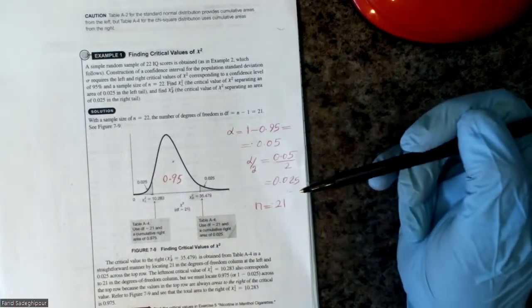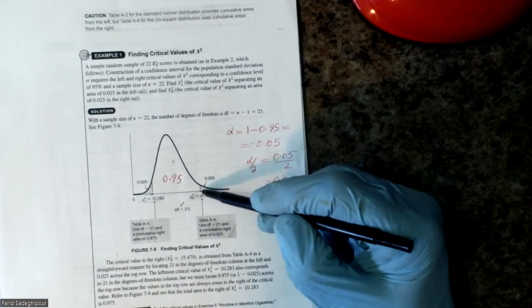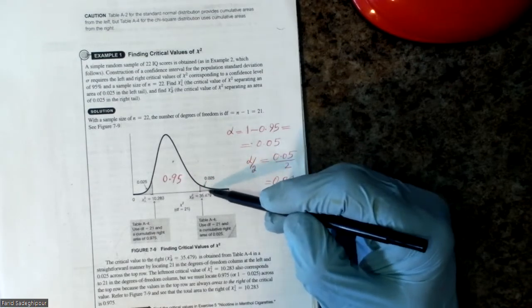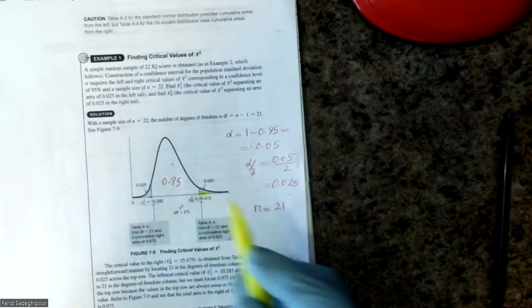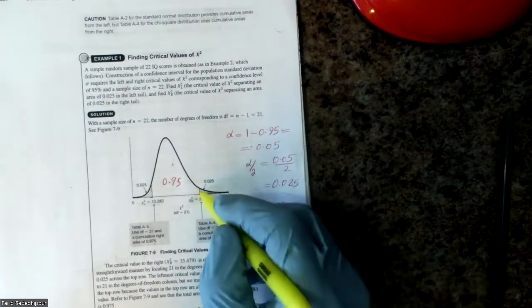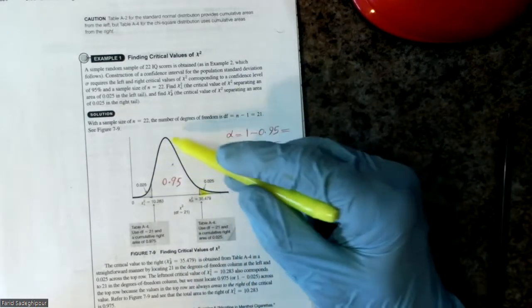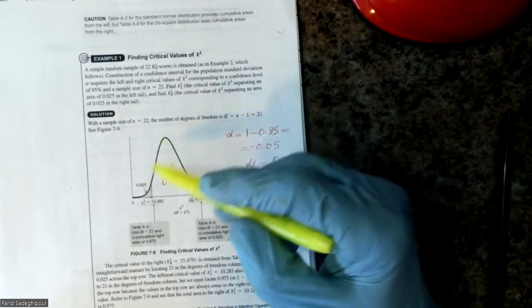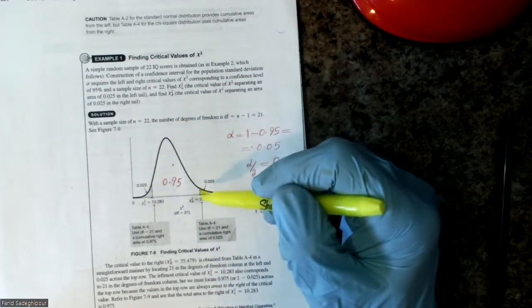Now, how do we calculate? The way to calculate is, if you want to find x2R, you need to know what area is from this point to the right. Basically, you need to find this area, which in this case is 0.025. First of all, the graph does not look like a normal distribution. You remember the normal distribution was symmetric, but this is not symmetric.